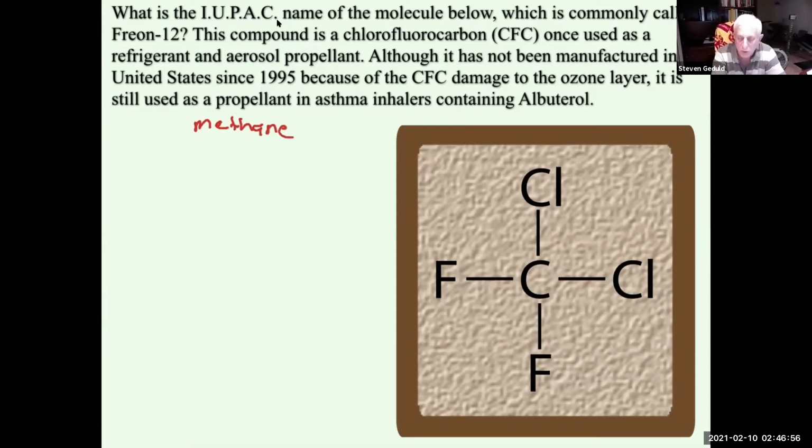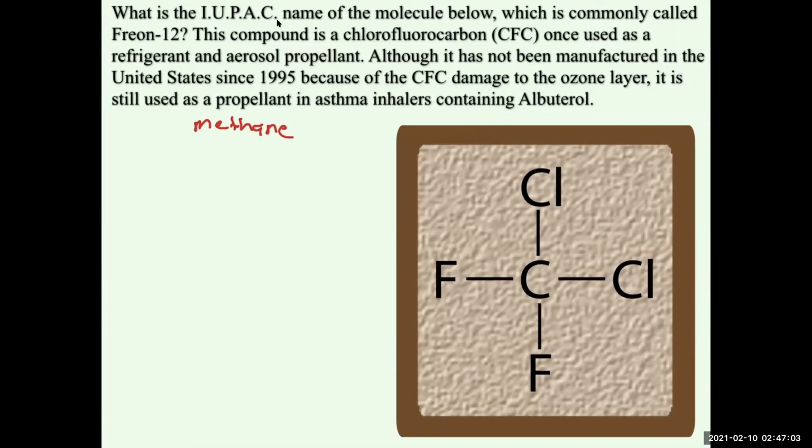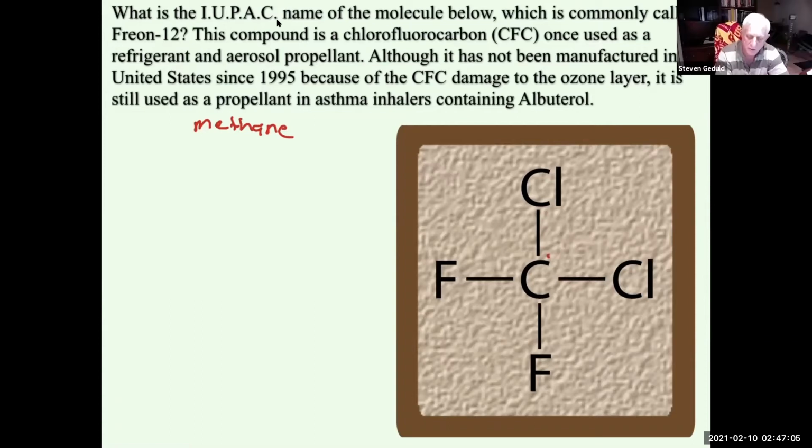We have chlorine attached, which is chloro. And where is it at? Is that number 1? Because it doesn't have a choice. There's your number 1 carbon. And there's 2 of it, number 1. So it's 1,1-dichloro. And you have fluorine attached.